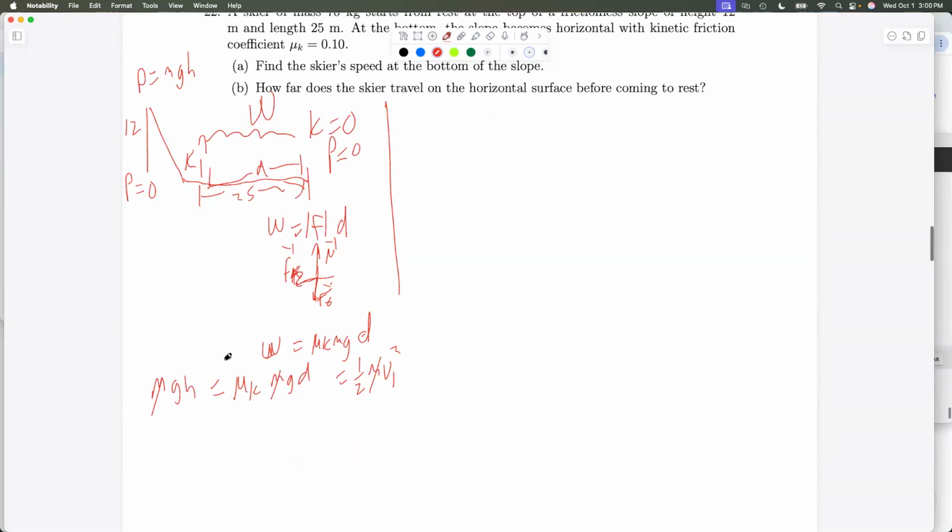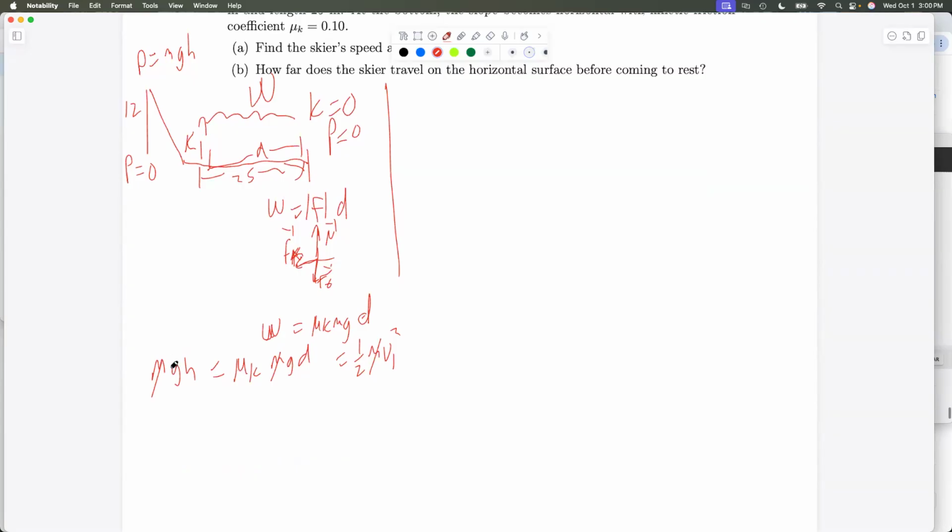All right, so we could solve for d here. Heck, even here, just from these two, v will cancel out. gh will be mu k gd. g's cancel out. So d will be what? h over mu?